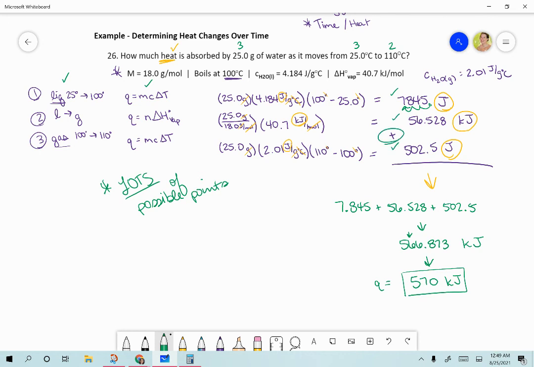You get a point for knowing you need to add it together, and then you'd have points for sig figs and units. So these heating curve problems can be confusing. You can get lost, but try and show me as much as you can remember. Remember the process, and you get a really big payout for these problems.